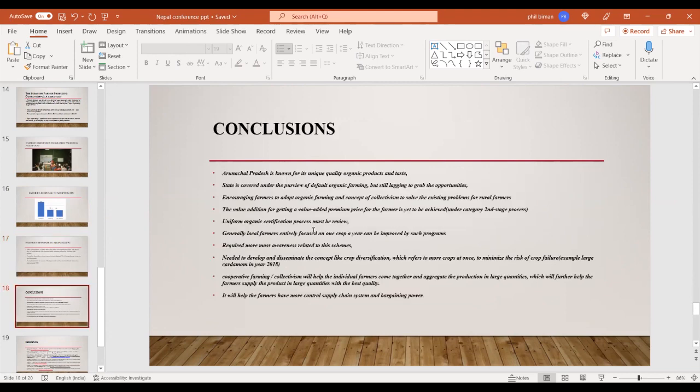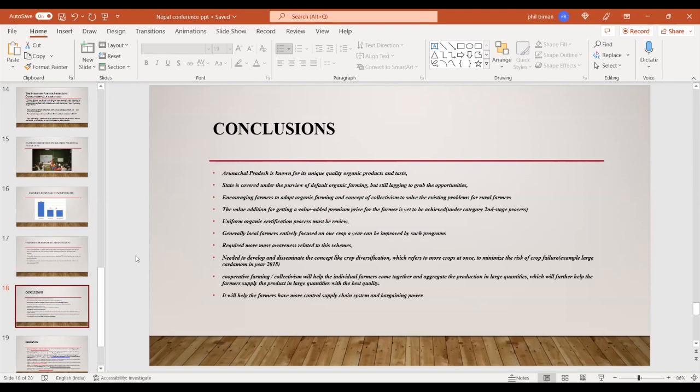And then, in the conclusion part, despite all those naturally blessed lands and qualities, the rural farmers of Arunachal Pradesh are still not getting the benefits, though there are opportunities. To grab this opportunity, we need constant monitoring and constant research of nationally implemented programs like this.